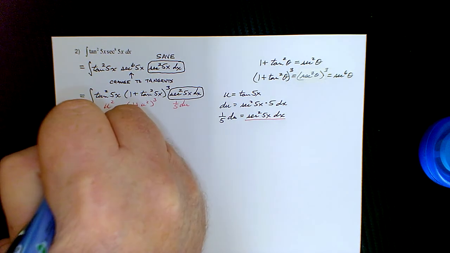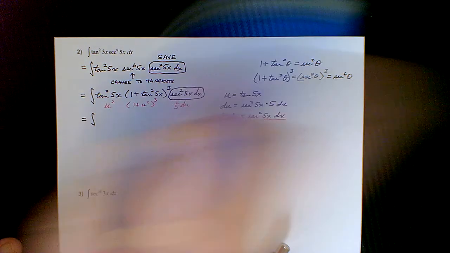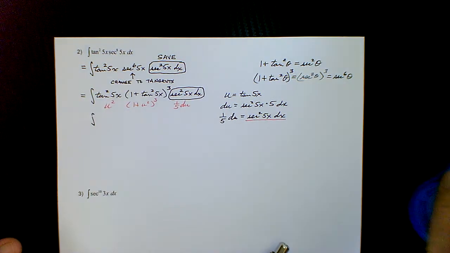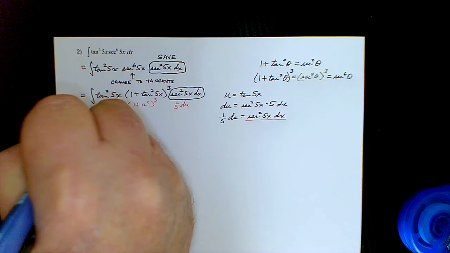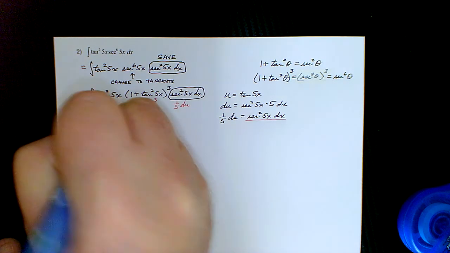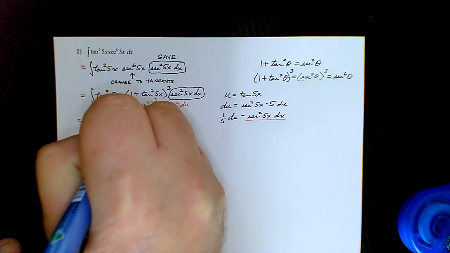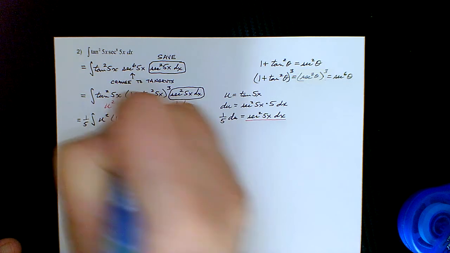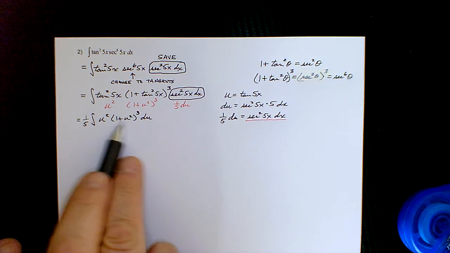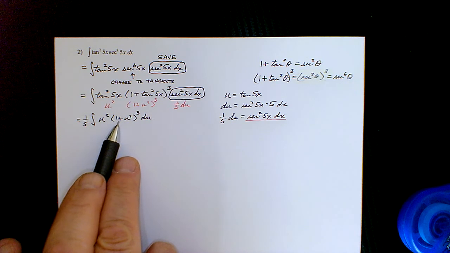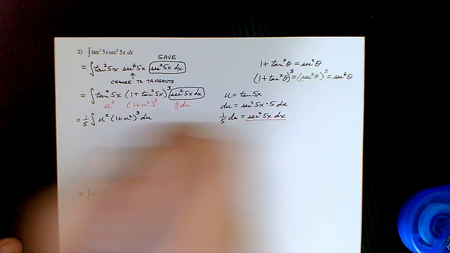So we'll bring out the 1/5, and we have the integral of u squared, 1 plus u squared now as a quantity cubed, and the differential du. But there's a situation again that makes it a little bit lengthy because we have a binomial cubed.